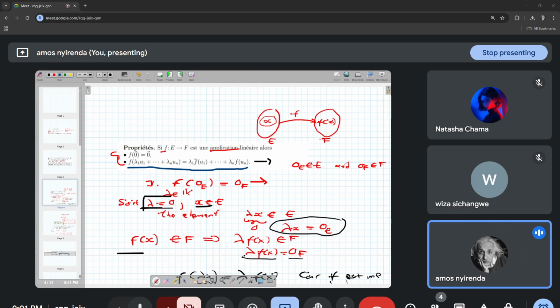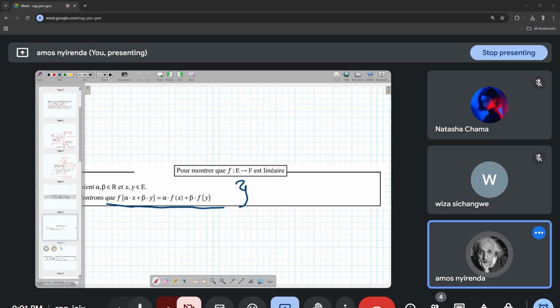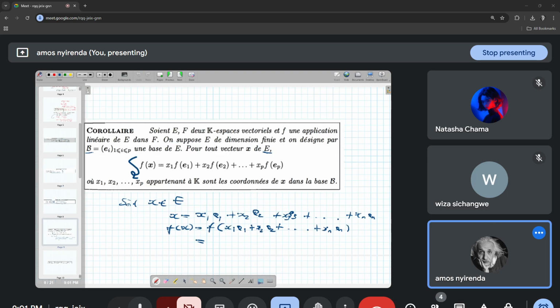So this is what we will apply. f est une application linéaire, and so because of that, we are going to have f of x1 e1 plus f of x2 e2, like so, and then plus dot dot dot, and then plus f of xn en, like so.